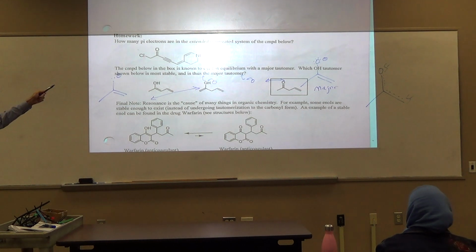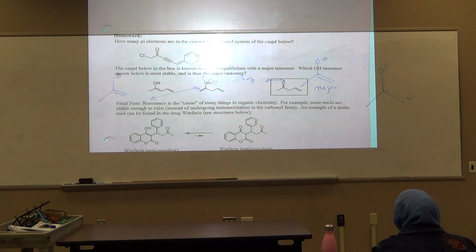How many pi electrons are in the extended conjugated system coming down below? Anybody got an answer? Anybody got an answer there? Eight.